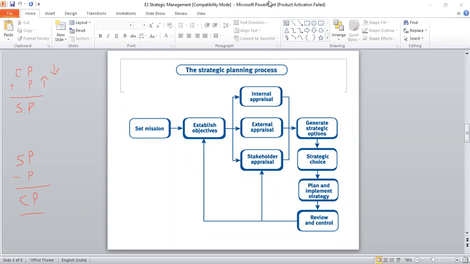There are various levels of management: the top level, the middle level, and the lower level, with people involved in planning and people involved in execution and implementation of the plans.